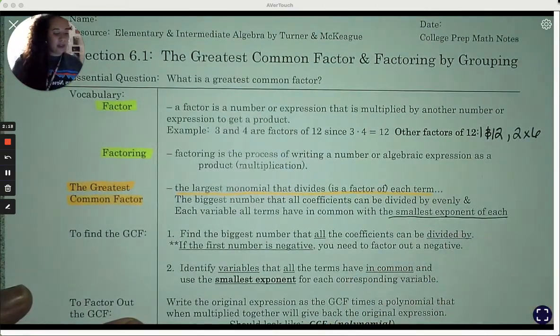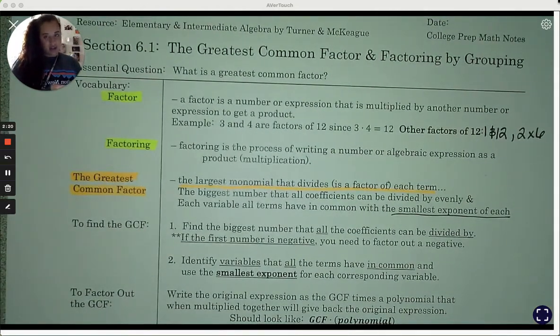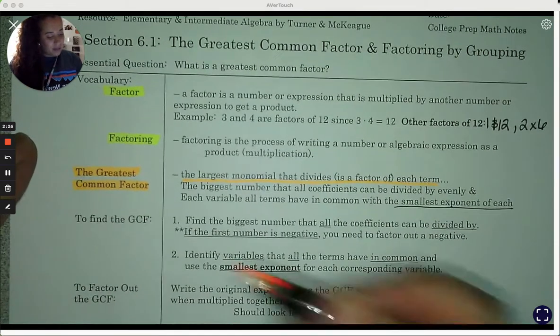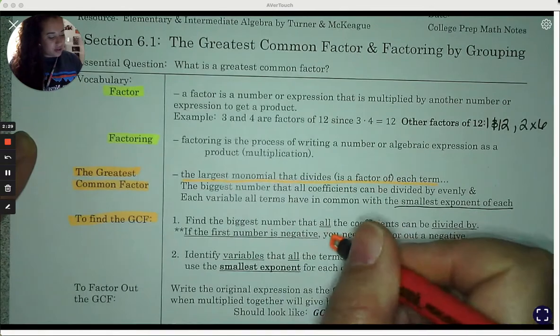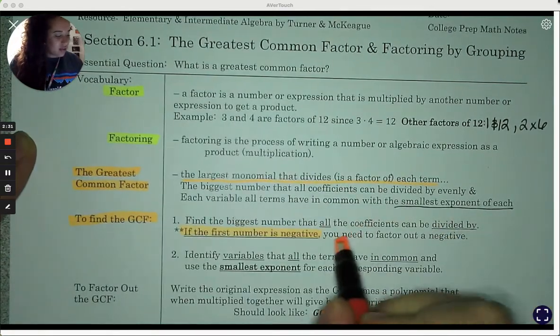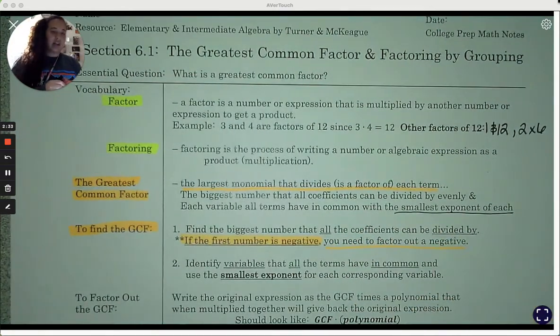Okay, so to find the greatest common factor, we're going to find the biggest number that all coefficients can be divided by. If the first number is negative, you need to factor out a negative. Okay, that's kind of a big deal. Your calculator, however, can find the greatest common factor for you.